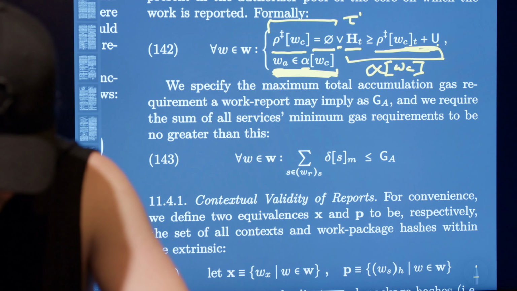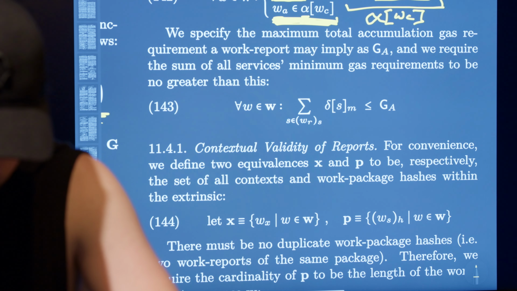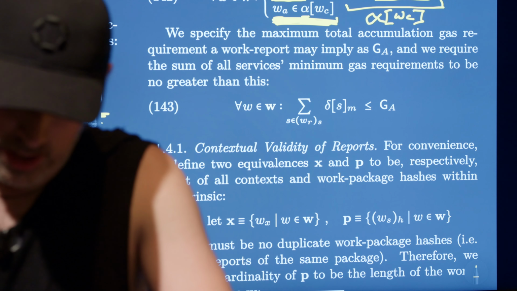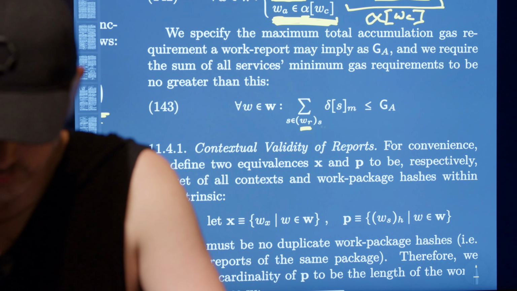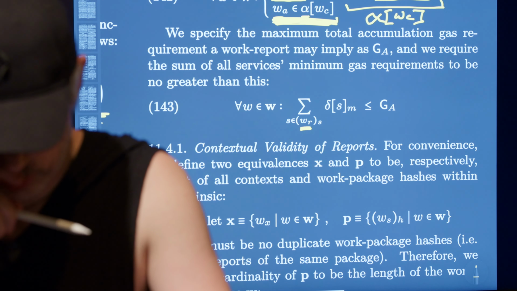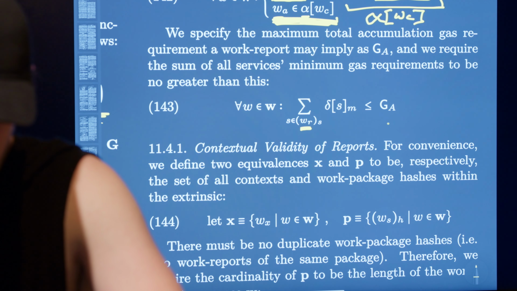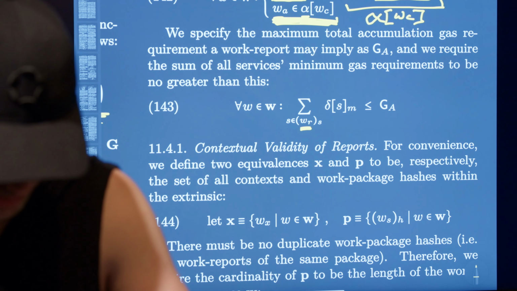All right, so we're going to specify the maximum total accumulation. Right, so for any given work report, we want to make sure that GA, which is our, I think this is actually fairly well worded, so I'm going to just say it.